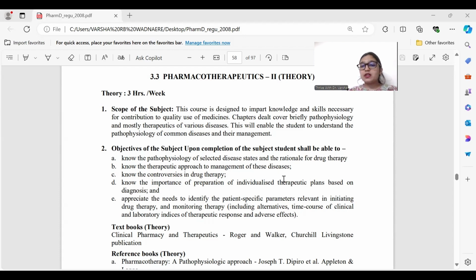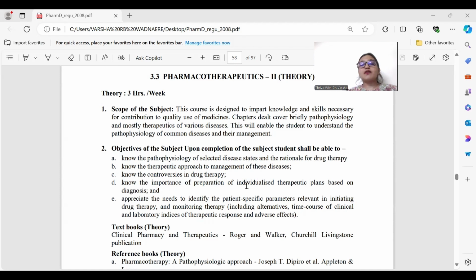And the objective of this subject is that once you have completed it, you should be able to know the pathophysiology of the selected disease state and the rational drug therapy. Then know the therapeutic approach to manage those diseases. Then know the controversies in drug therapy.